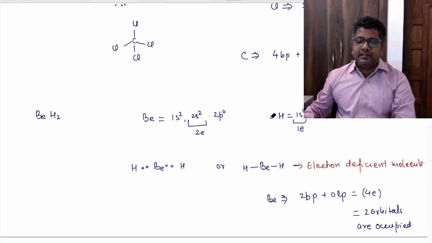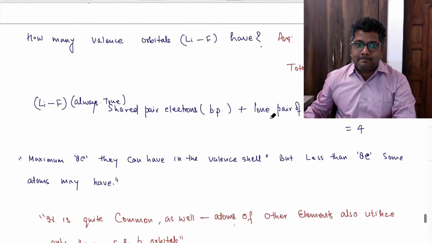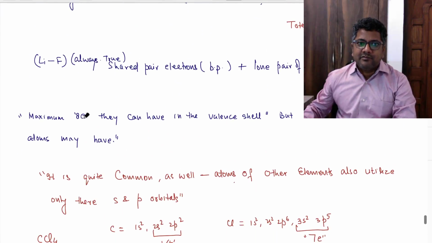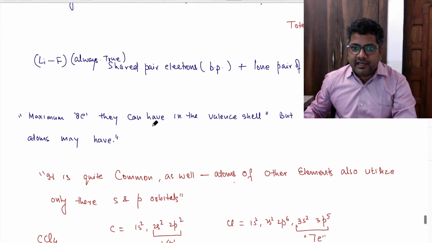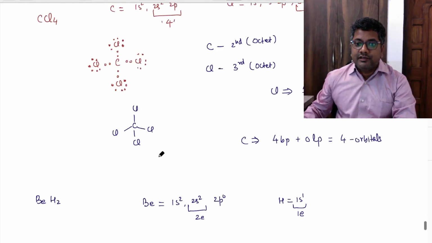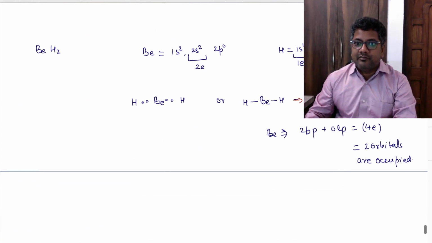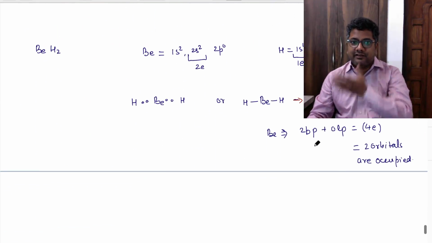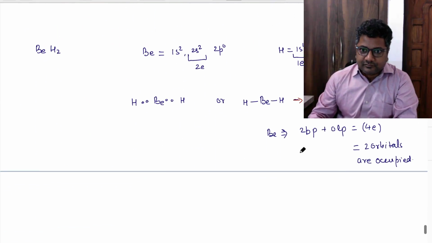So see here in this point, maximum 8 electrons they can have in the valence shell, but less than 8 electrons some atoms may have. So see here, this beryllium may have less than 8 electrons in the valence shell, right?